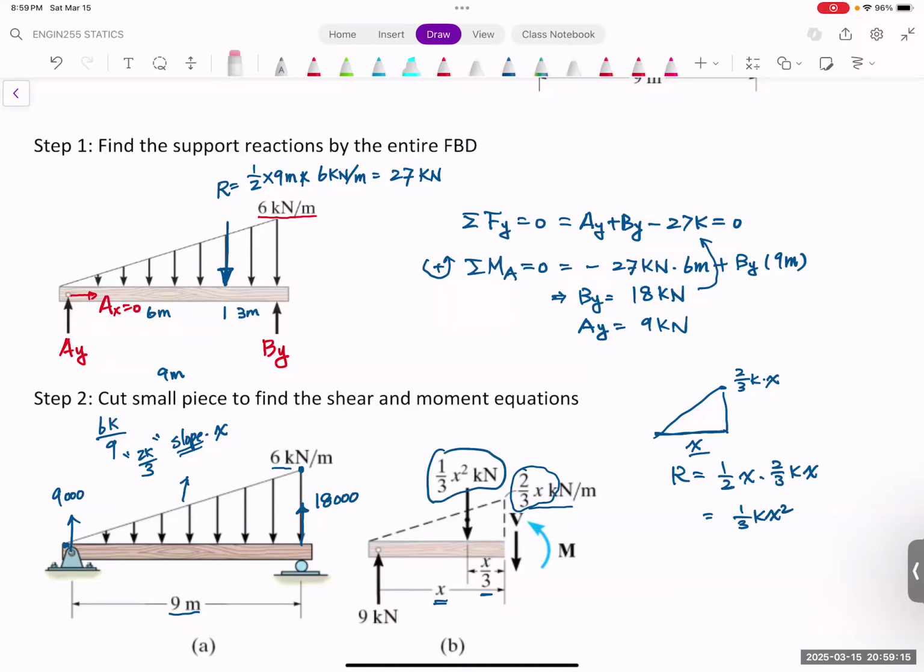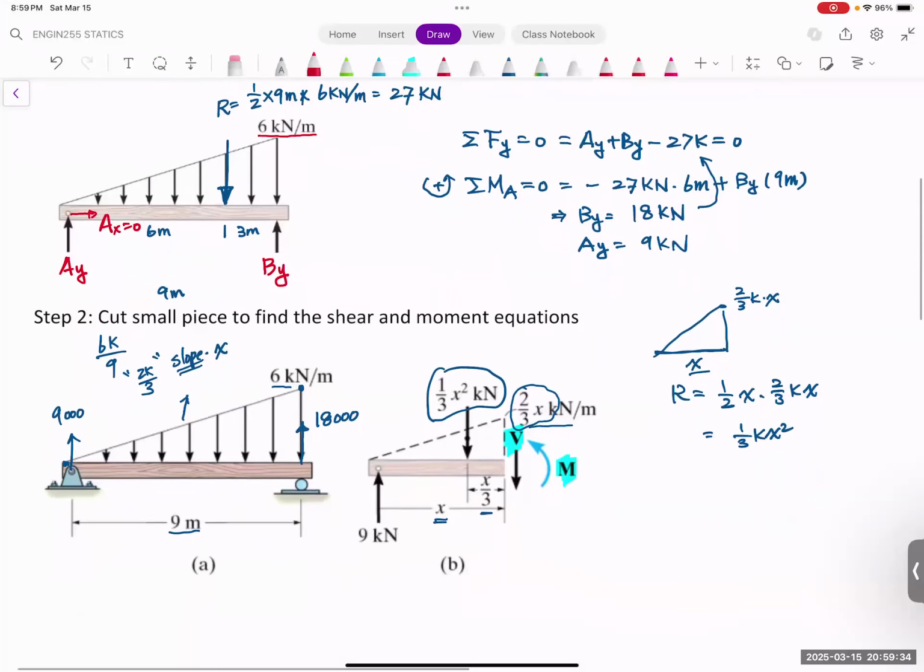Okay, now we do the same thing. We draw the internal loading. We have a shear force here and a bending moment here. And we do summation x, summation f, and summation moment.